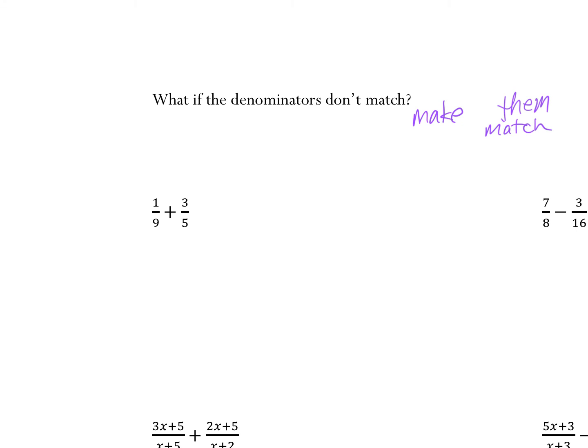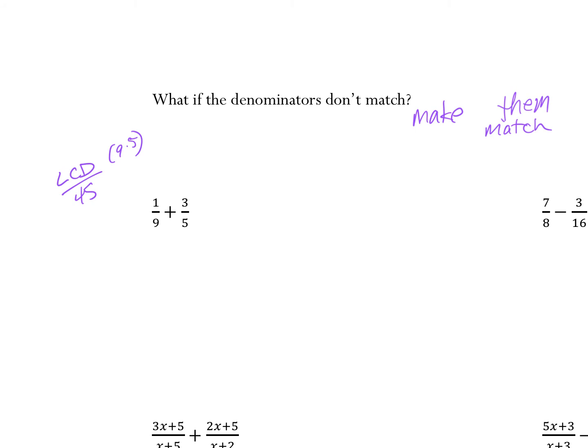My recommendation to you guys is to think through what is the least common denominator, meaning the smallest number that both denominators go into evenly. So what is the least common denominator of 9 and 5? 45. And how'd you get that? Really, you just did 9 times 5.